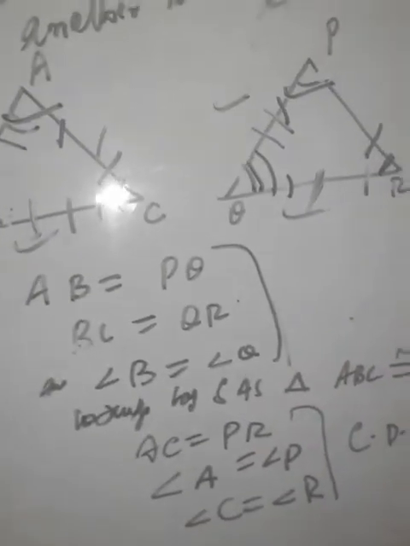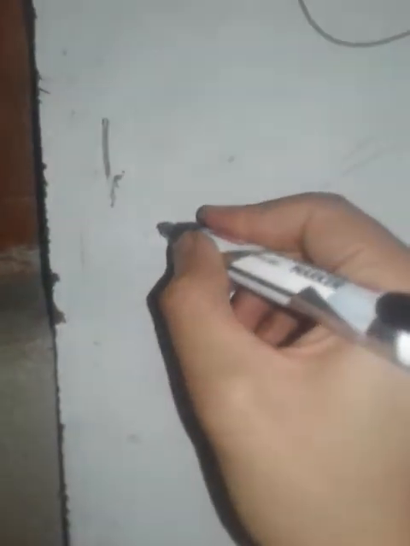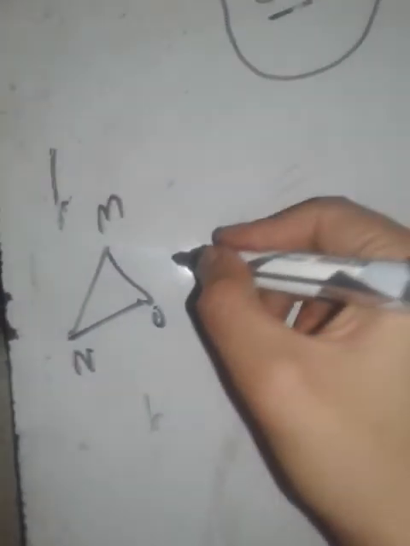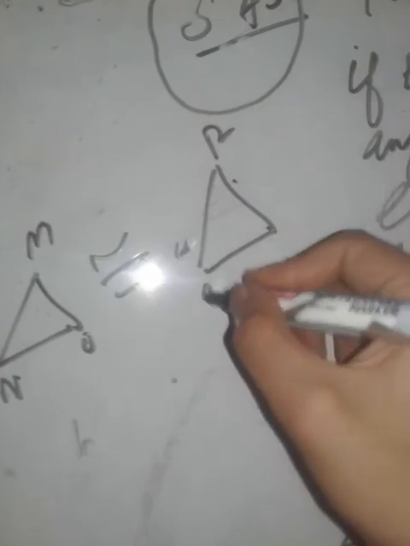In a similar way, let us suppose I will again explain it to you. Suppose we have a triangle MNO congruent to triangle RST. We don't know how they are congruent, but we are given these are congruent. So one thing which should come immediately in your mind is that corresponding parts must be equal.